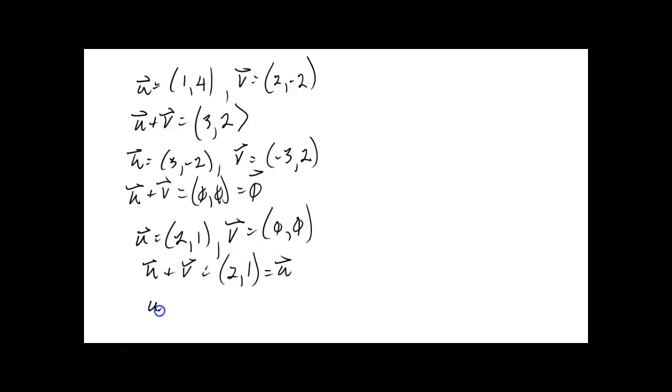So anytime you add any old vector to the 0 vector, you're going to get the same vector, because you're adding 0 to each of the components, which gives you the same components you had to begin with. So this is a property of the 0 vector. Here they called it v, but they identified it to be the 0 vector.